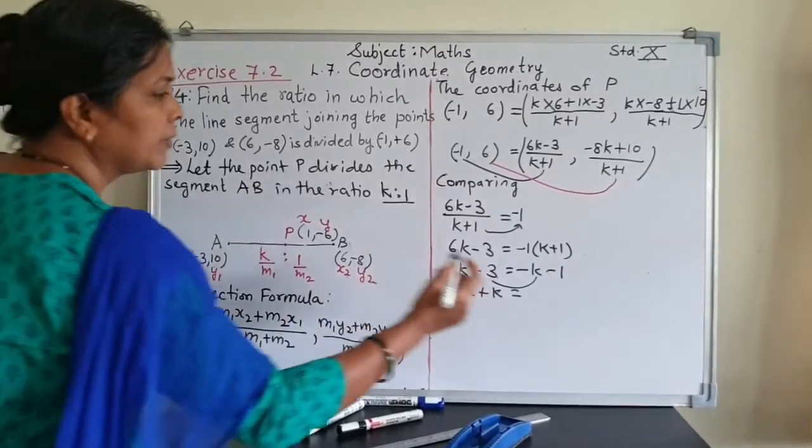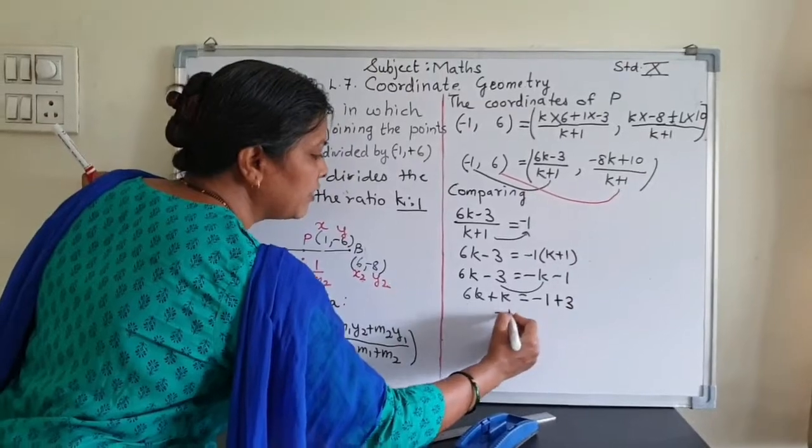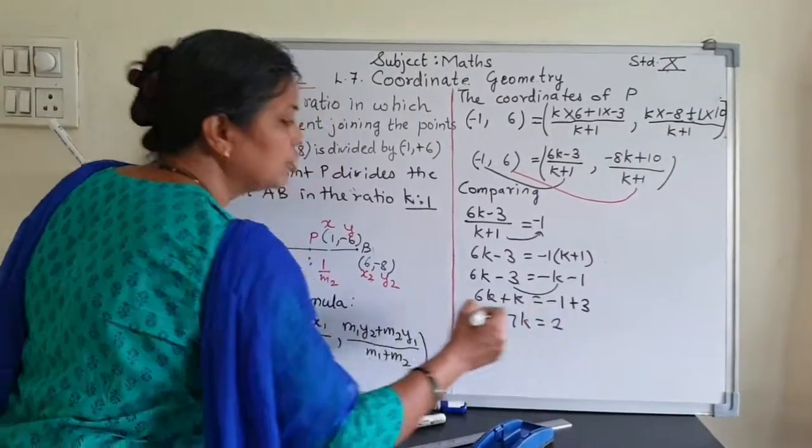So we get 5K is equal to 1 plus 3, so finally we get 5K is equal to 4.